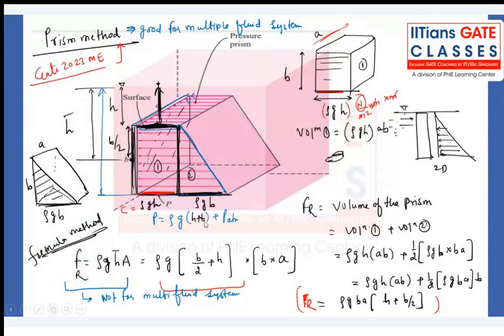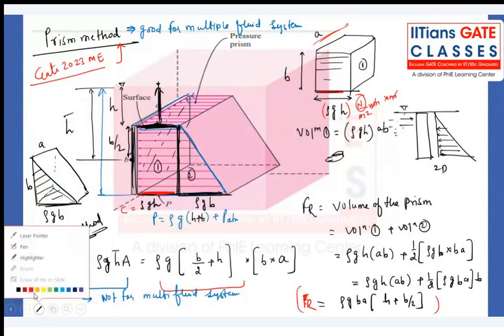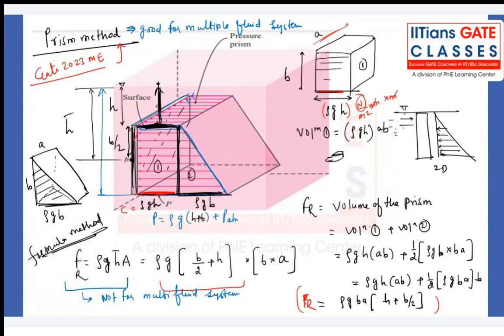FR equals the volume of the prism, volume 1 plus volume 2. Volume 1 will be the dimensions A, B, C, where the height is rho G H. Is this H the H bar? No, it is the height of the prism. Okay, the height of the prism. Thank you all.